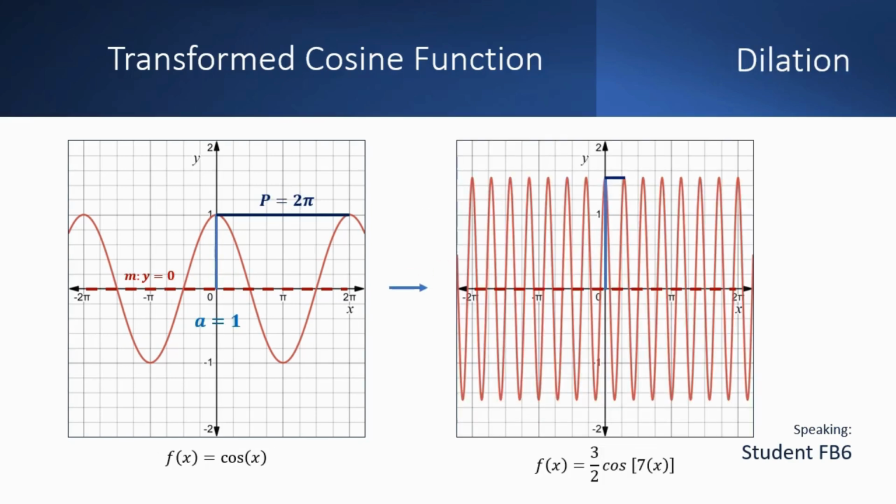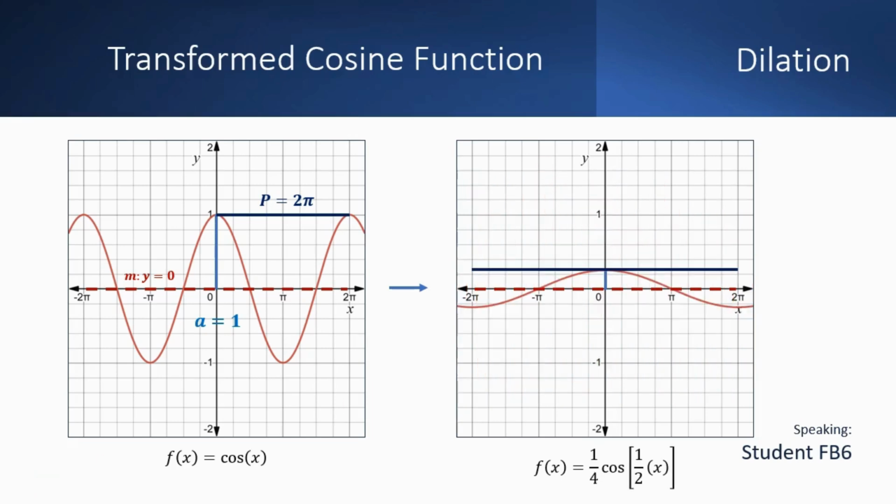To give you an example, this graph right here is an example of a transformed cosine function that underwent dilation. Another example is the one right here.